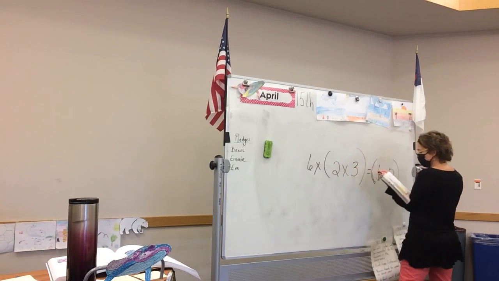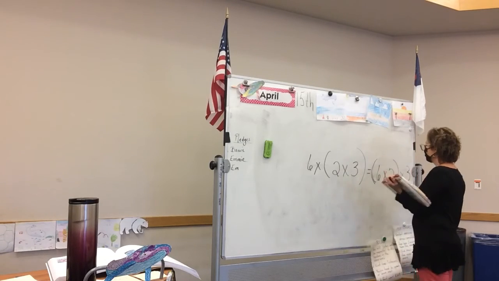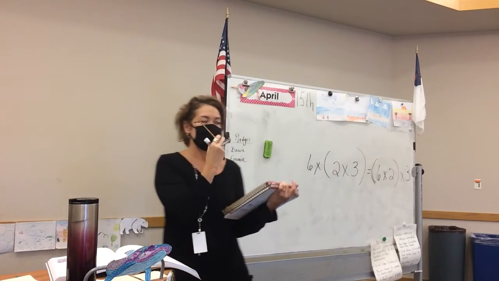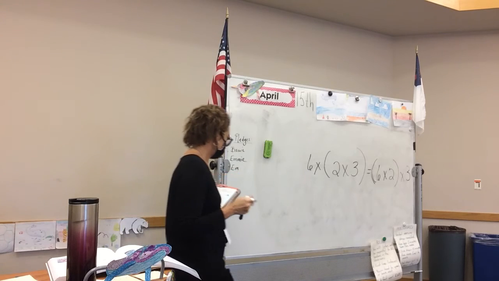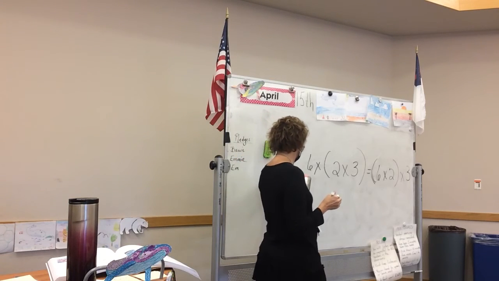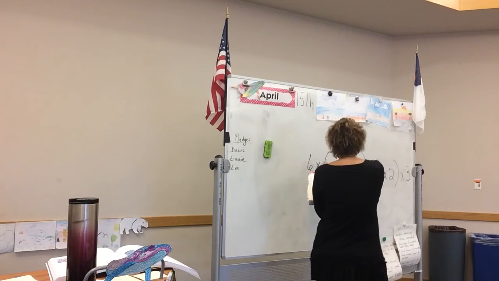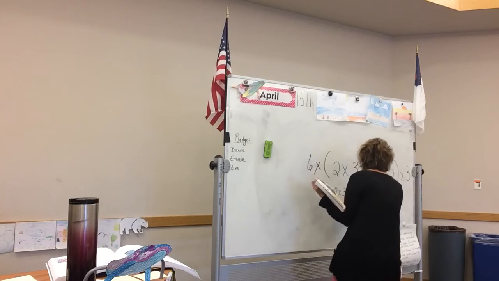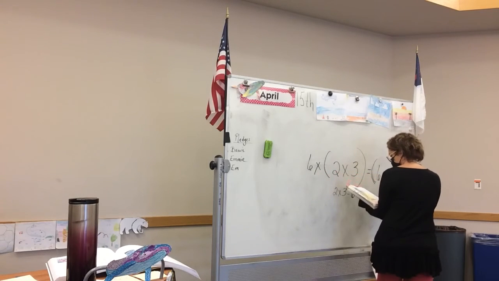Parentheses. What do we do when we see parentheses? Do it first. All right, with that said, what are you going to do first? 2 times 3. 2 times 3 equals 6. What is 6 times 2? 12. Very good.